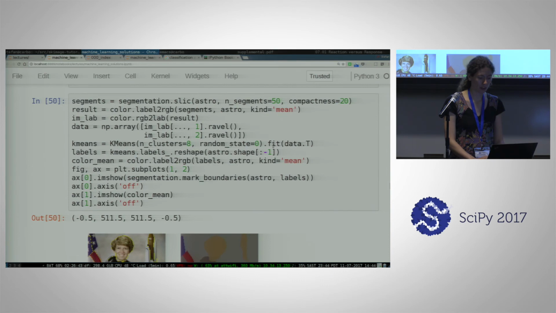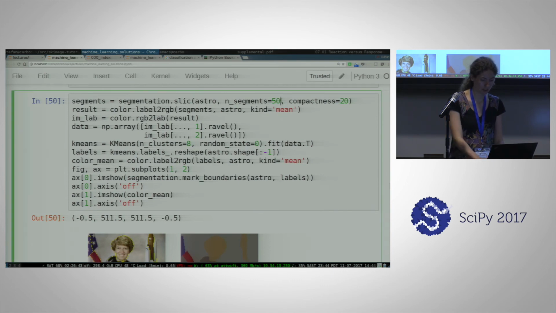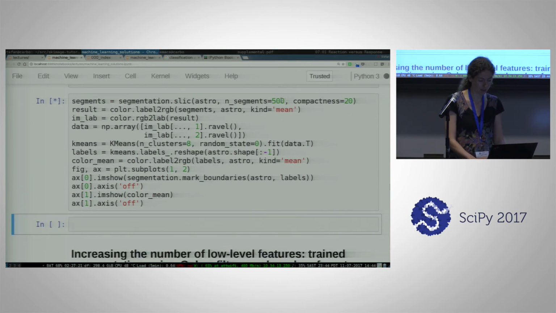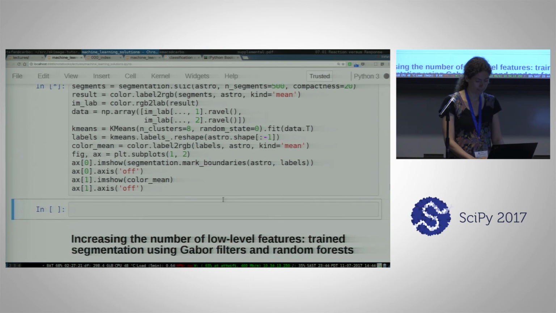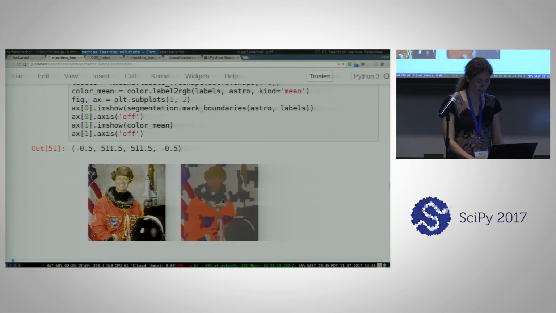Whereas if you put a large number of segments, like I think I had 500, then, for example, the orange, what's the English for that? Coat or jacket of the astronaut. The orange jacket is really well segmented, as the NASA logo is well segmented.